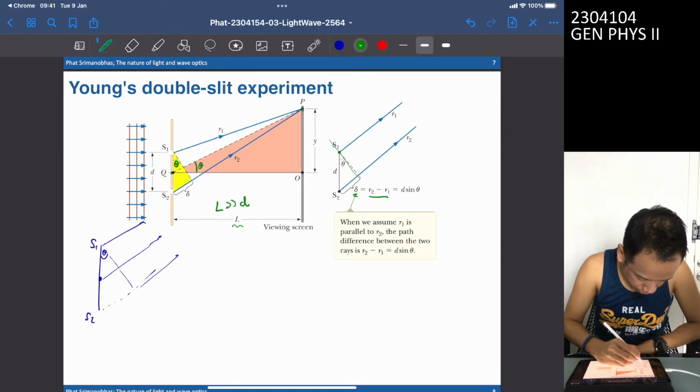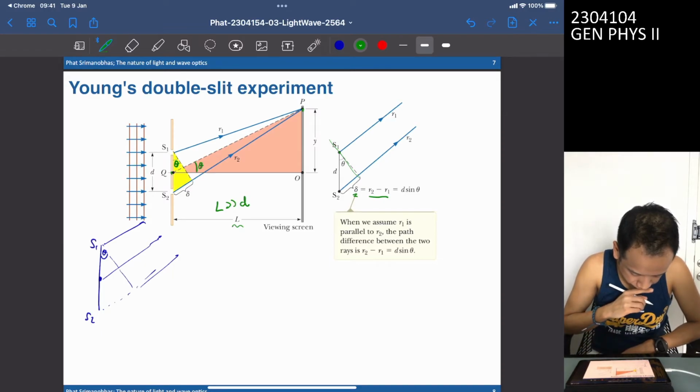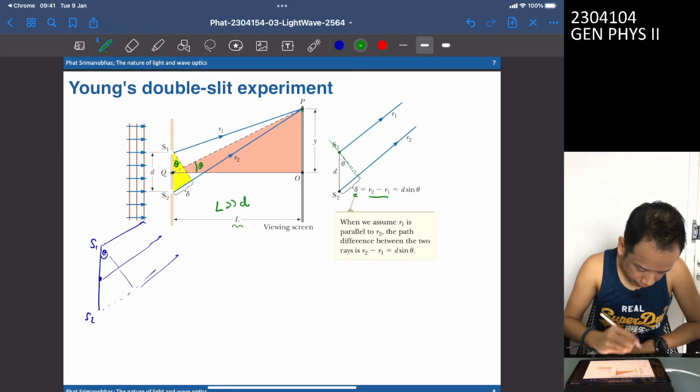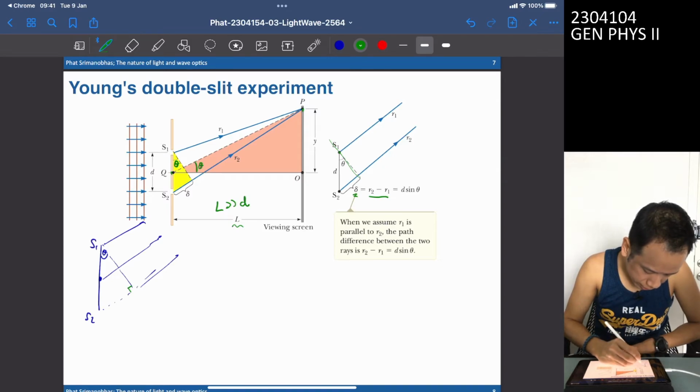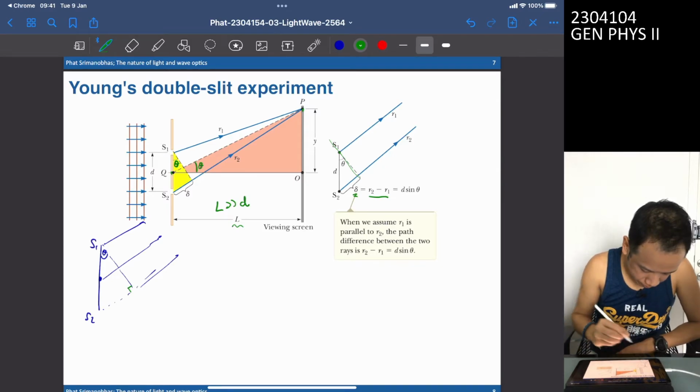So this is theta. We approximate that the screen is very far, so this angle equals this angle, since they are opposite angles.